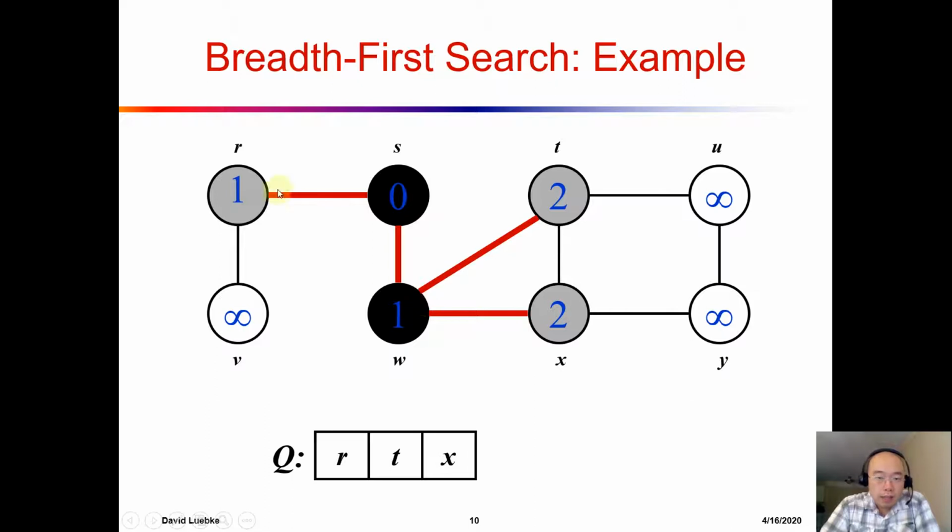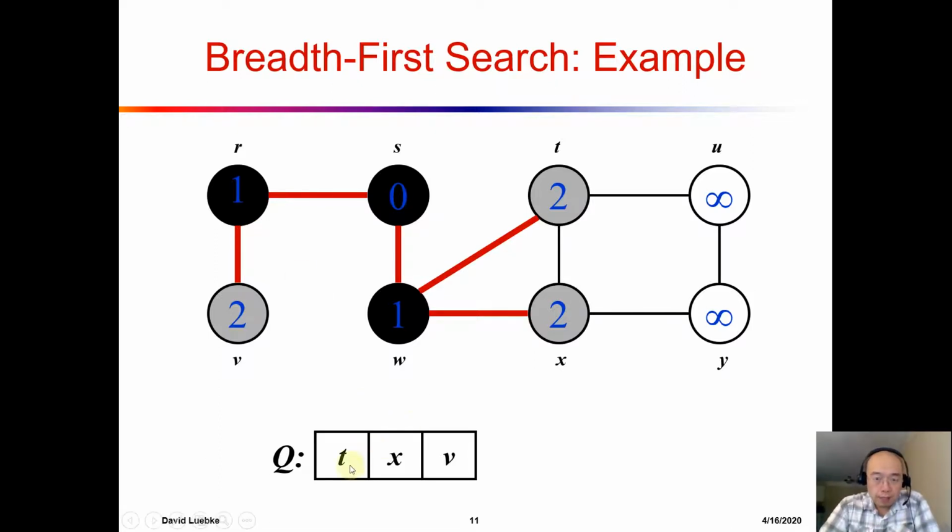And the next node, which is the front of the queue, will be R. So we pop R out, and then we add V to the queue because V is the next node adjacent to R, and that is also white. So we put V here, and then we highlight this edge with red, saying this edge will be taken into the tree structure we generate.